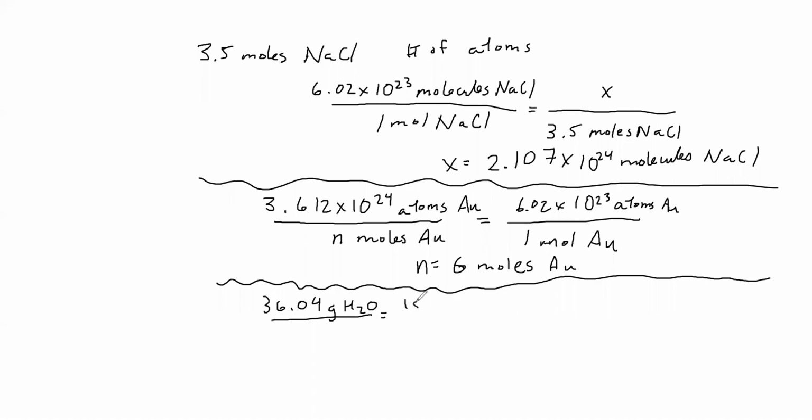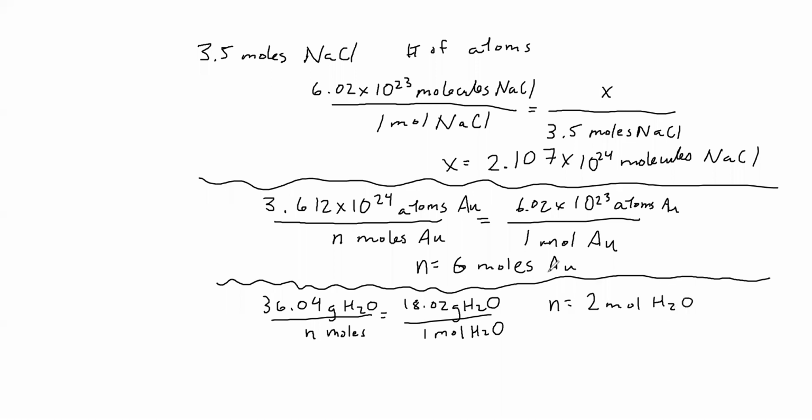No matter what you do, you always have to go through the number of moles. That's the general rule of thumb. So that's the n number of moles. I don't know, but I do know that 18.02 grams of H2O gives me 1 mole. So when I cross multiply this, I get very simply 2 moles of water.